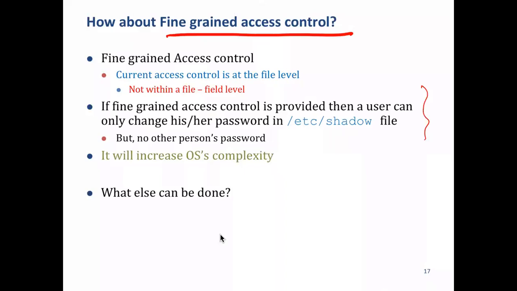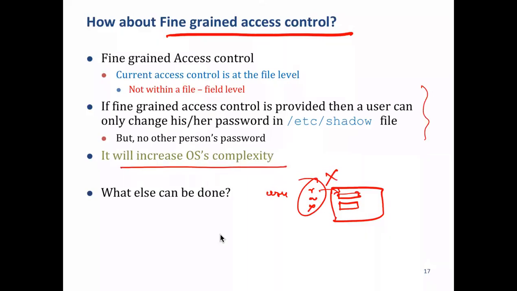The minimum access provided is at the file level. You can read, write, or execute a file, but the file has multiple elements, and you can't say that user 1 has access only to this element. That's not allowed, because if you allow this, then OS complexity will go up, which is not right. So this method was tried and rejected because the OS became more complex.